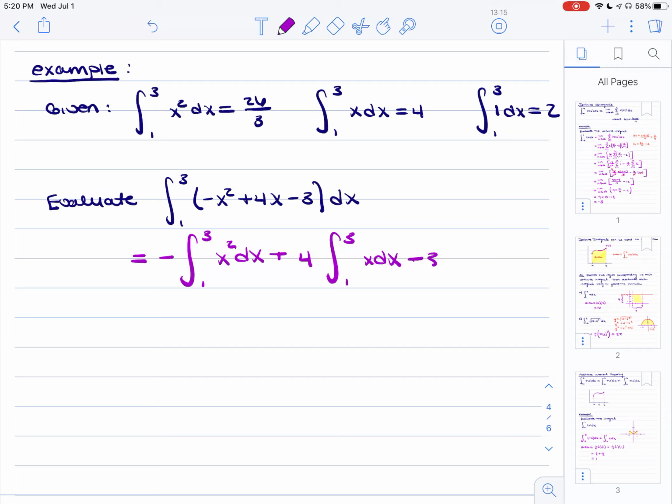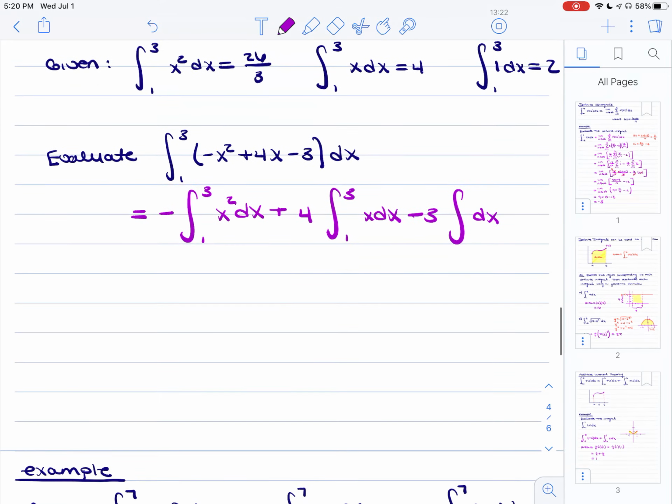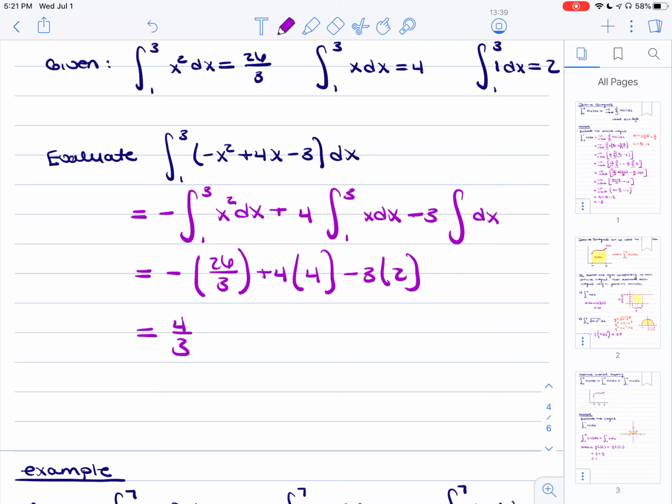And then I can pull the -3 out front, just have the integral of dx. So then we can simply plug in the pieces that we were given. So we have -26 over 3 plus 4 times 4 minus 3 times 2. And if we do the math there, that would come out to 4/3.